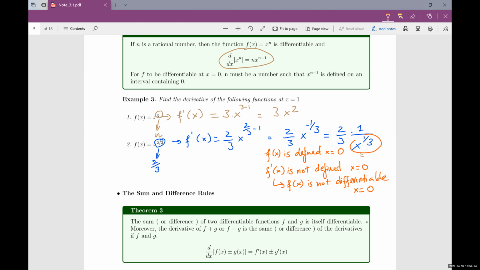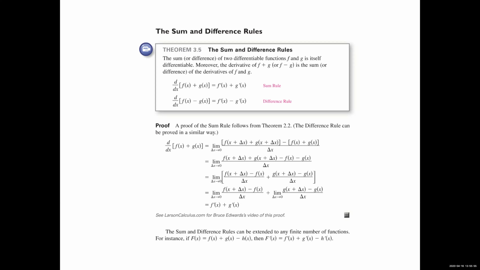Now let's talk about the sum and the difference rules. The sum and difference rule says that if you add two functions and/or subtract two functions, and those functions are differentiable at a point, then the derivative of the sum of the two functions equals the sum of the derivatives of those functions.